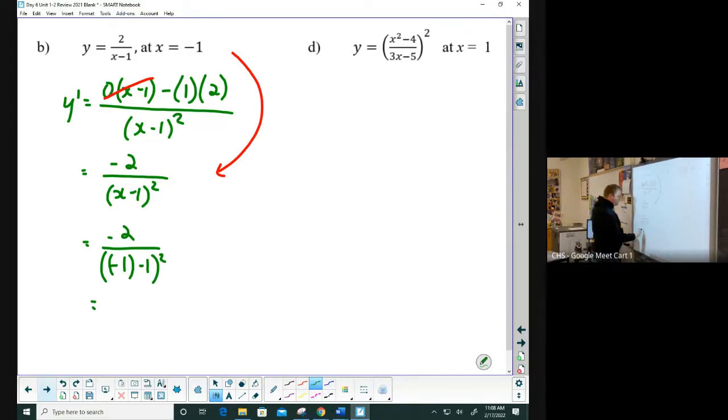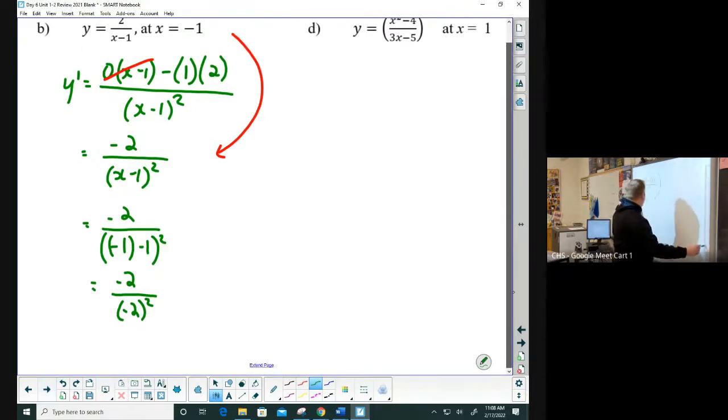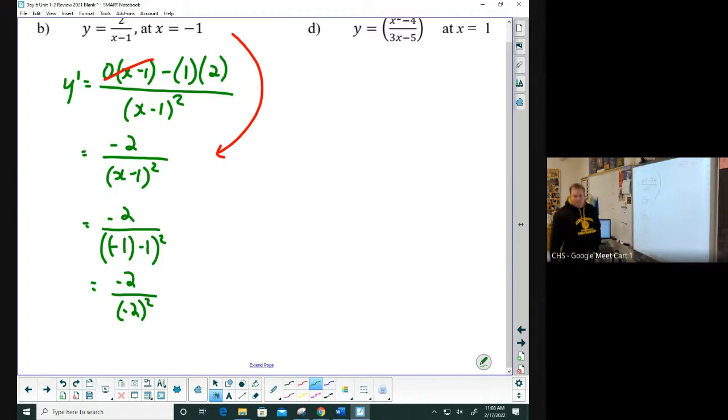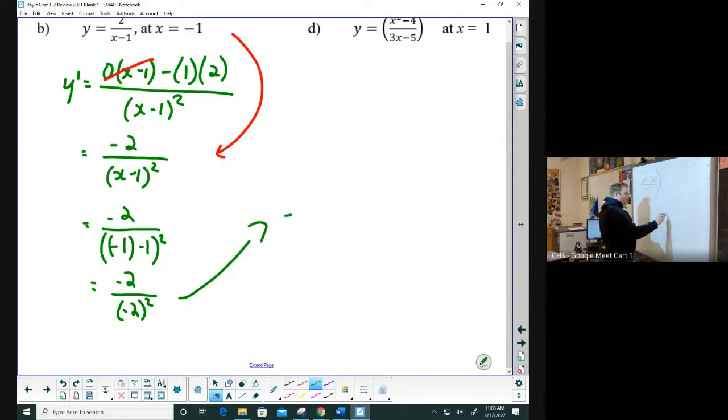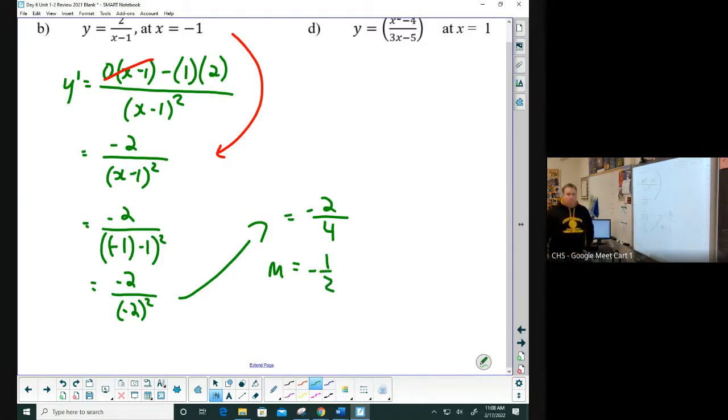So that's going to be negative 2 over negative 2 squared. Negative 2 over 4, which means m is negative a half. Did I get that right? Yeah, cool.